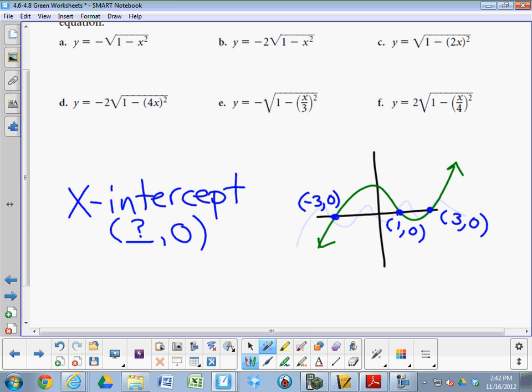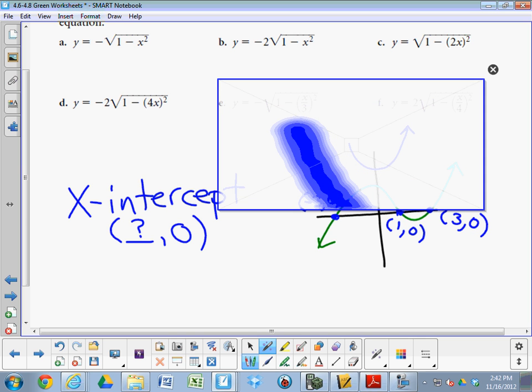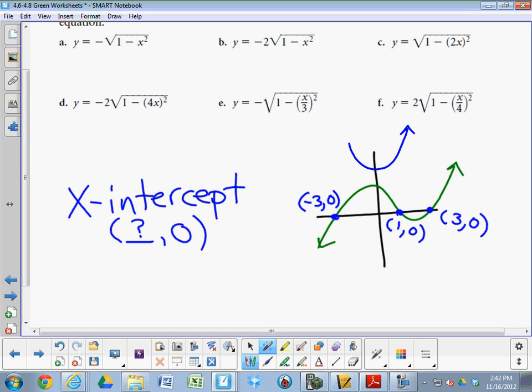Lots of the functions you'll see in pre-calc, called the sine function and the cosine function, go on forever like this, and they cross multiple times. Also, a function could have no x-intercepts. Think of a parabola shifted up 6. How many times does it hit the x-axis? None. If it's up here, it never hits. It might have 0. So anything goes for the x-intercepts.